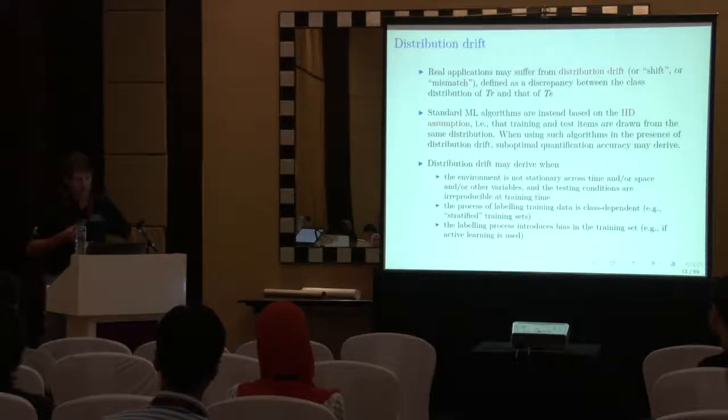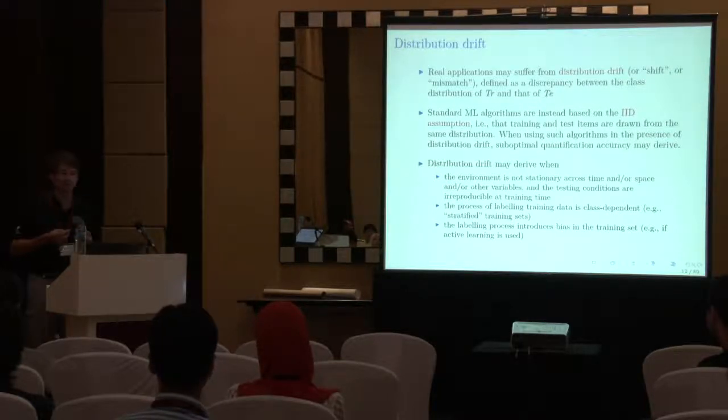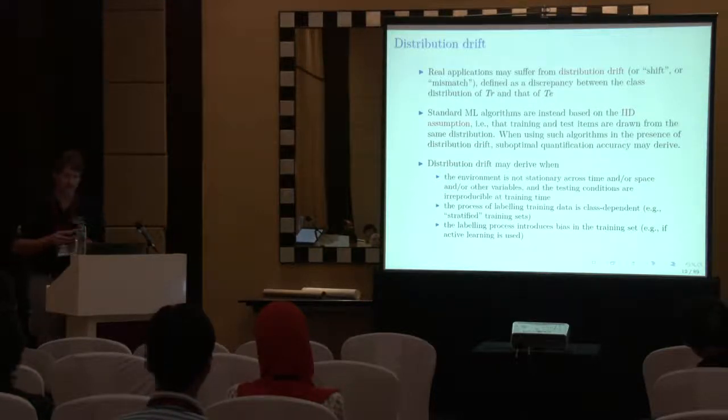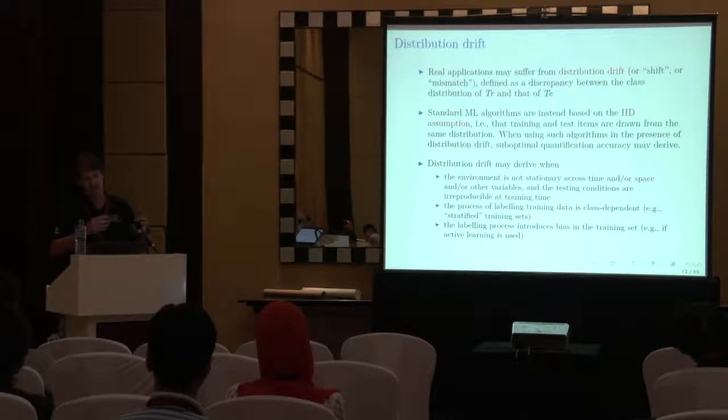This drift may derive from different reasons. And here, when I'm talking about distribution drift, it's a special type of concept drift, in which it's essentially the class prevalence, the class frequency, that is different in the test set and in the training set.